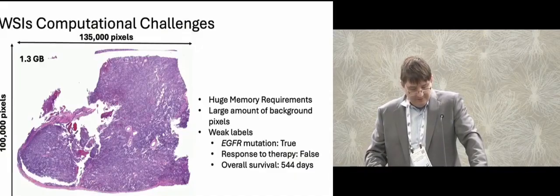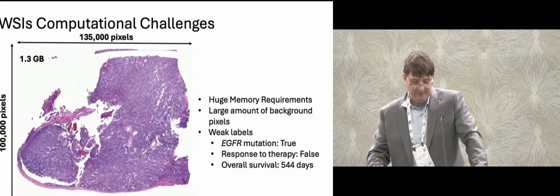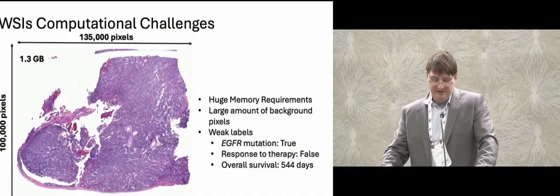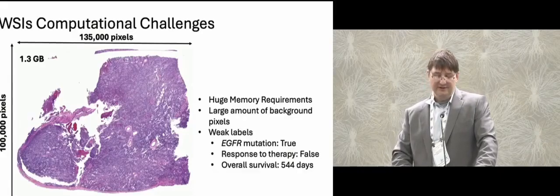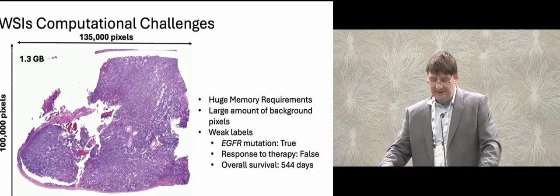And even more complex is that we very infrequently have pixel level labels. Instead, we get pathology reports that basically are a summary of all the slides for a given case. So you might have a dozen or more of these large whole slide images that are summarized in a single report that might only be a few sentences.